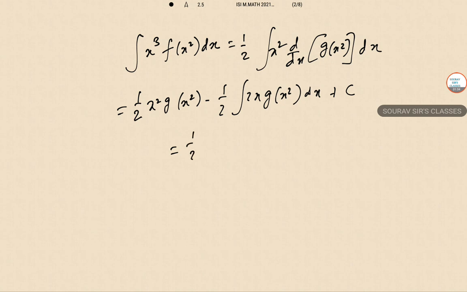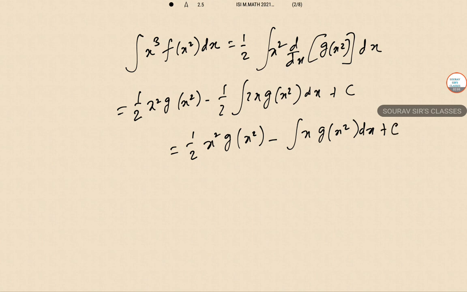So this is now half x squared g of x squared minus the integration of x g of x squared dx plus c. Okay, so this is the part.